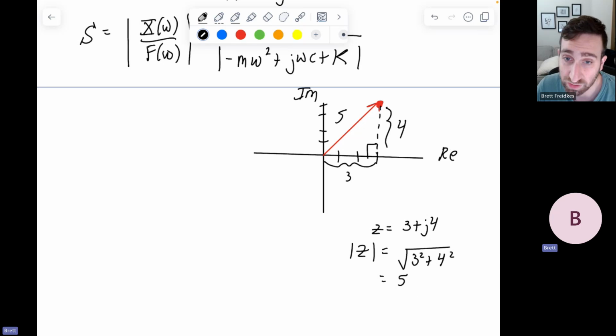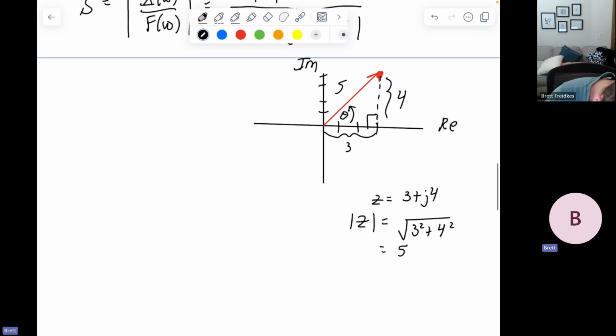So that tells us what the magnitude of the complex number is. Additionally, if you were interested in the phase, that would be the angle that the vector makes with the x-axis. And that'll just end up being, from geometry or trigonometry, the inverse tangent of opposite over adjacent.